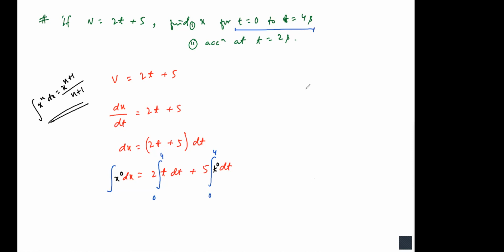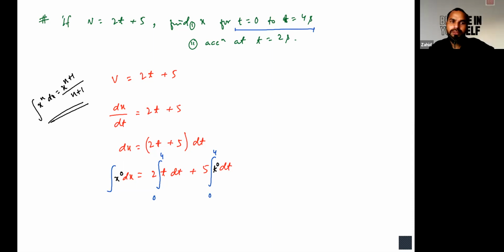Okay. Khalid, do the second part. Find acceleration at t equals 2 seconds.